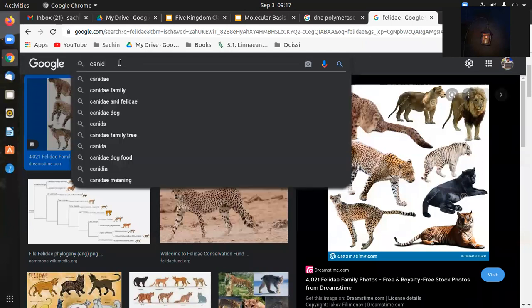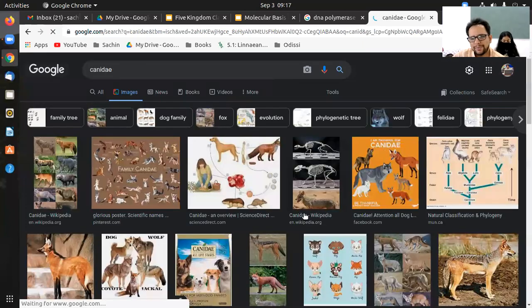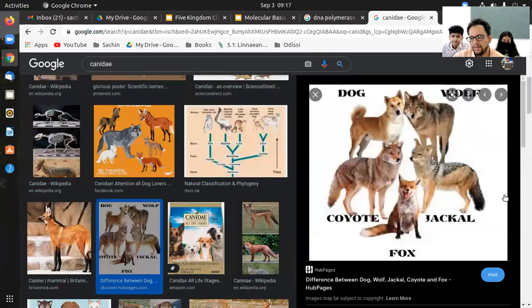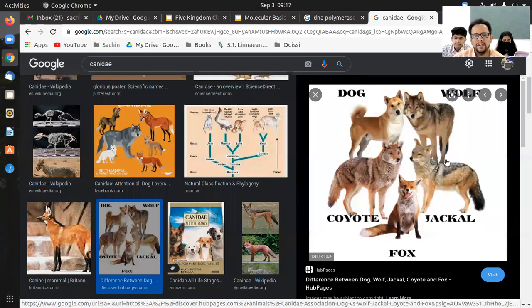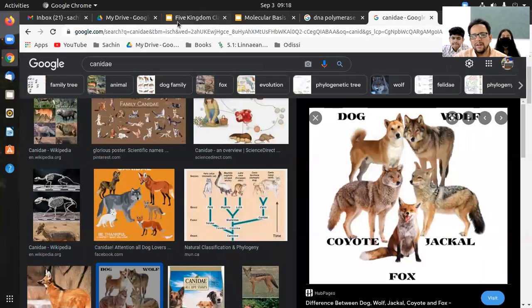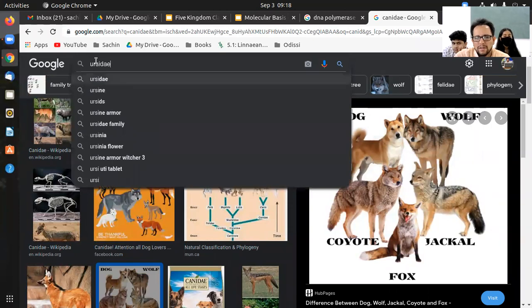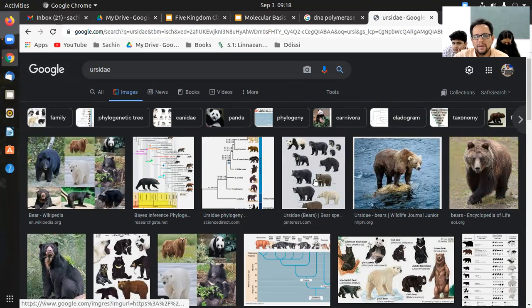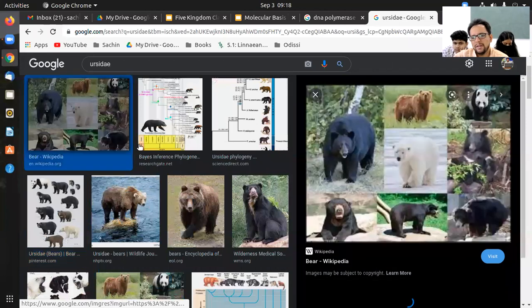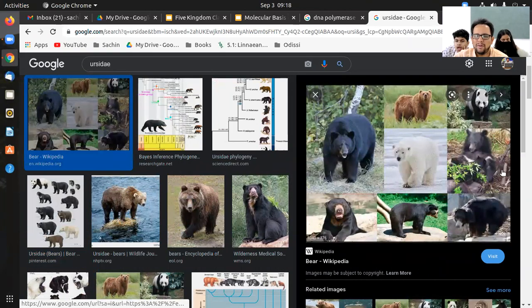And this one, Canidae, is all these canine-containing animals, especially this one. This is your Canidae family. So that way, all the similar organisms are grouped. And let me show you Ursidae as well. So you can see all these, including your polar bear and all the different species, are included in this bear or Ursidae category.